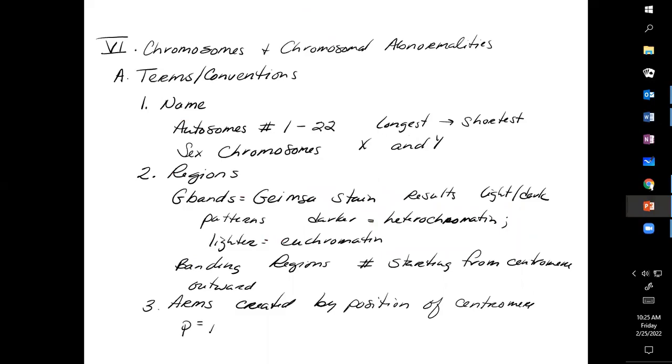So the P arm is the petite, or the short arm is more commonly used. And then the Q is the long arm. So each chromosome has a P arm and a Q arm, and they each have their own regions. And the numbering of those regions starts from the centromere going outward.